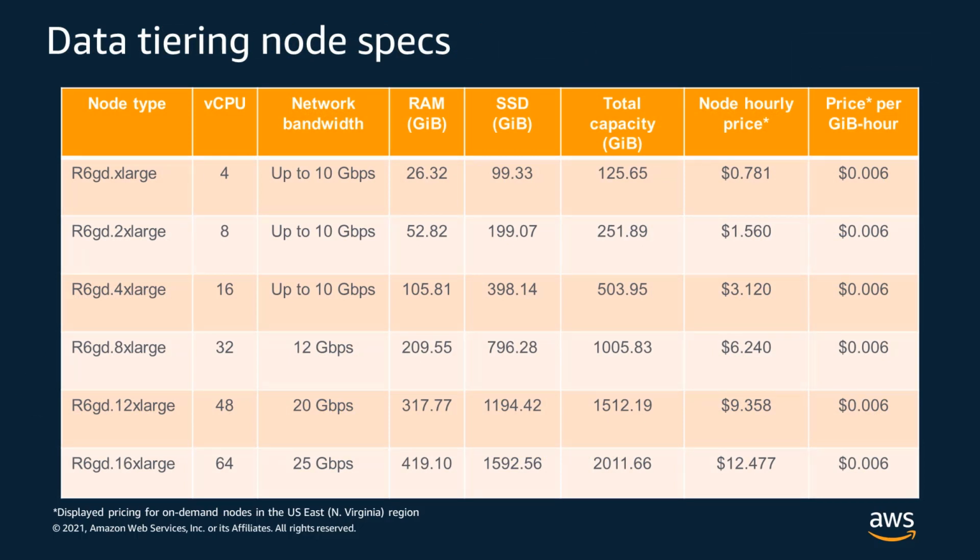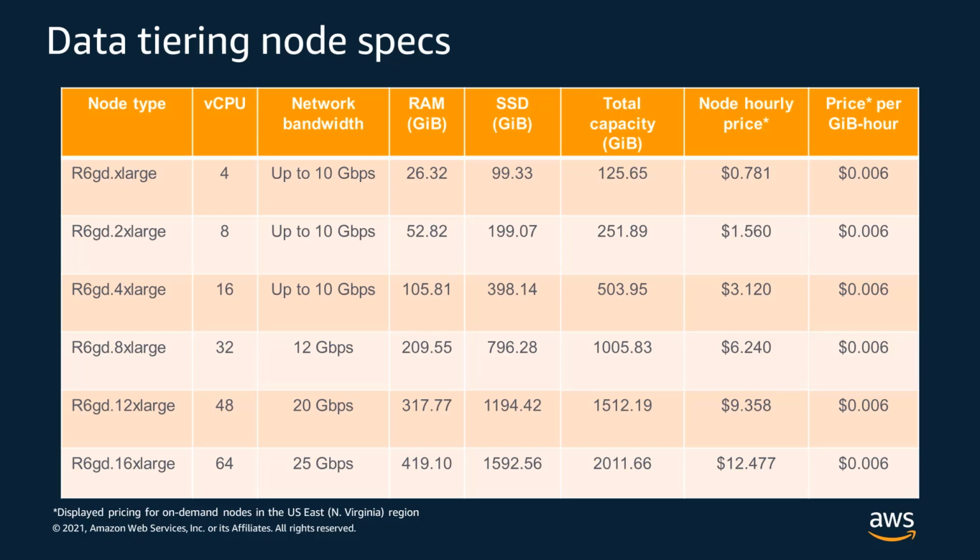So here's a summary of the specs for all the node sizes that we offer, from X large all the way up to 16X large. All this information is out on our public website, so I'm not going to walk through all the data in depth, but one thing I want to highlight here is that the effective price per gigabyte is consistent across node sizes, again, at just 0.6 of a cent per gigabyte per hour.